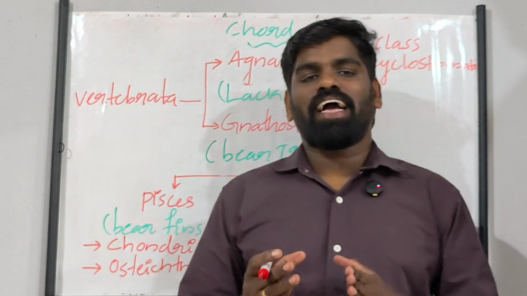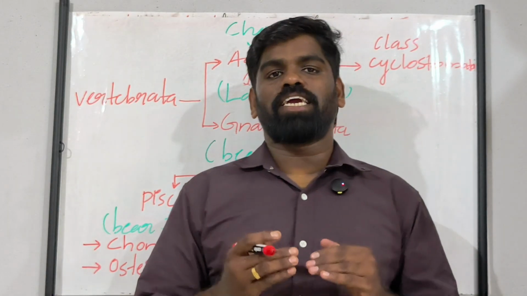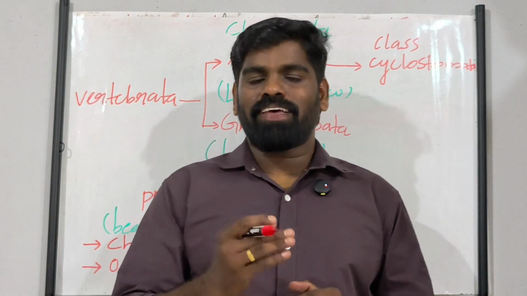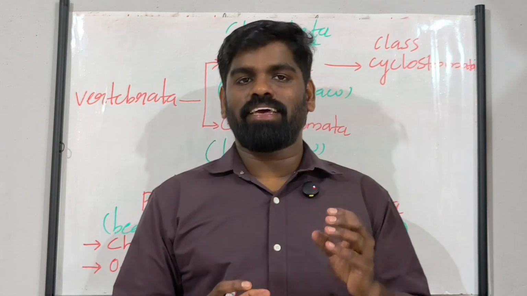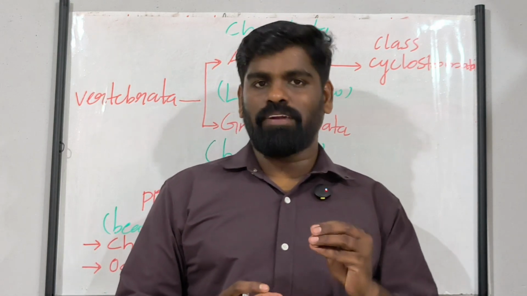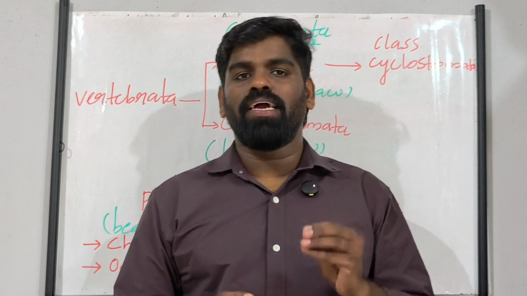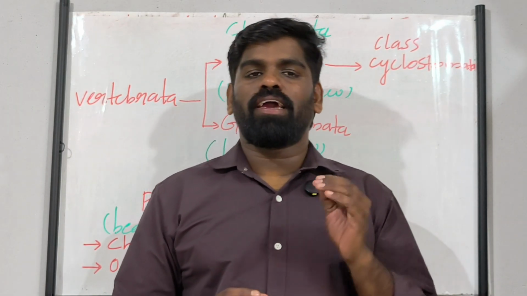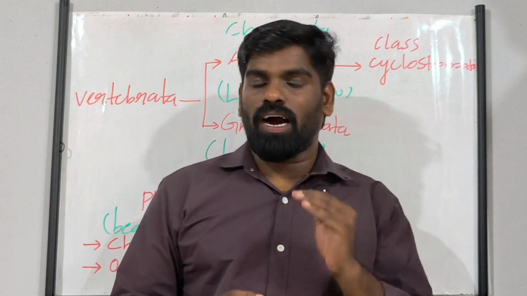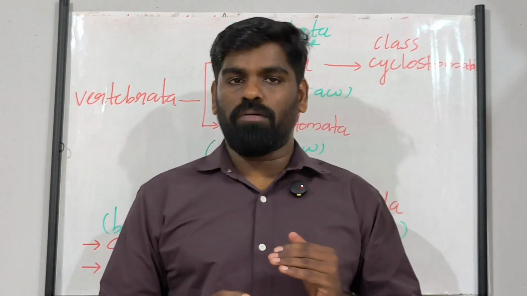Now let's have a look at the classification of vertebrates. As I have already told you, vertebrates possess a vertebral column. That means adult vertebrates possess either a bony or a cartilaginous vertebral column.